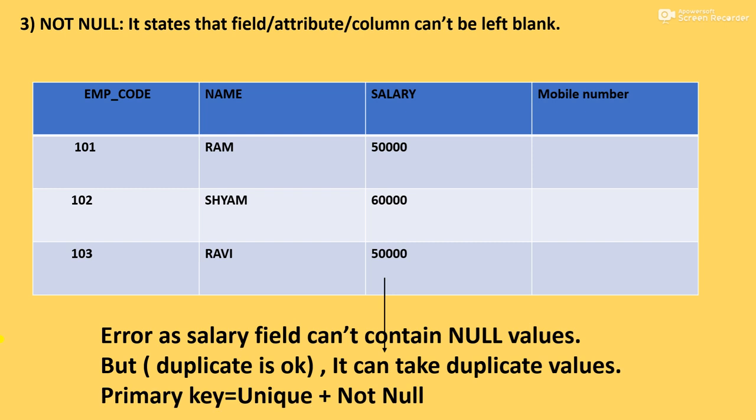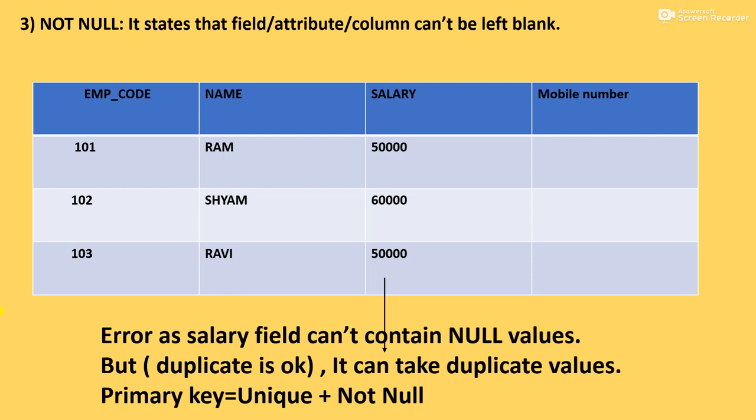Now third is not null. Not null means if you apply not null on any column, students, then you cannot leave that column blank. It states that field, attribute, column can't be left blank. If I want that salary can't be null, when I create the table, I put the constraint salary not null.